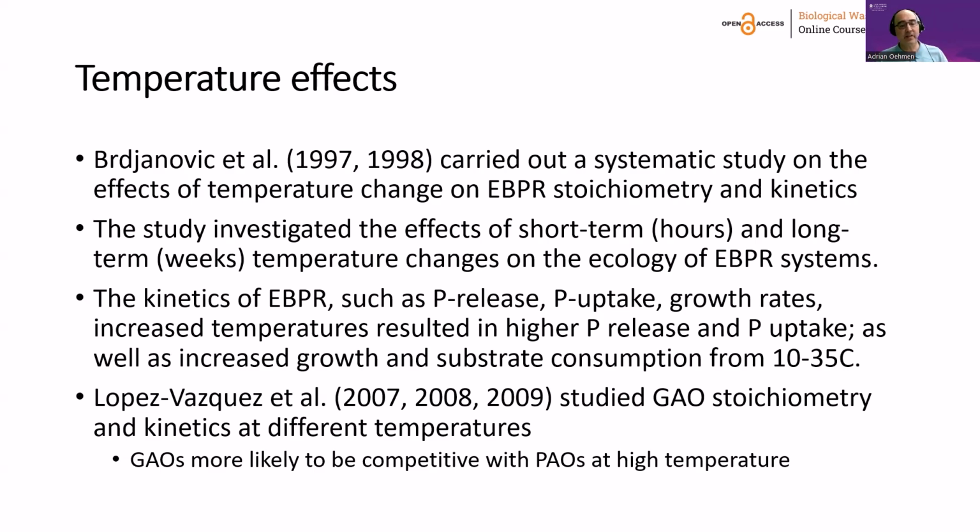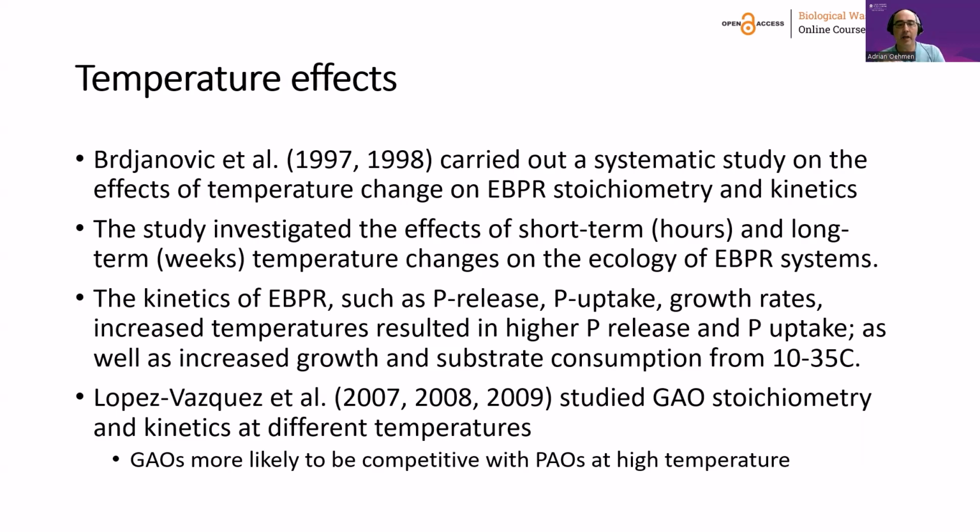So Lopez-Vazquez et al. did analogous studies with GAOs, with Competibacter GAOs, looking at stoichiometry and kinetics at different temperatures. And they found that GAOs were more likely to be competitive with PAOs at higher temperatures. So higher temperature, you can have faster kinetics.